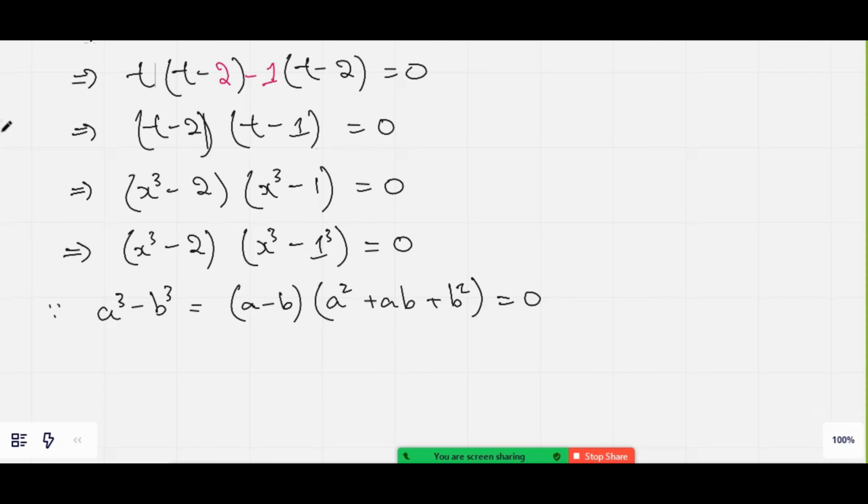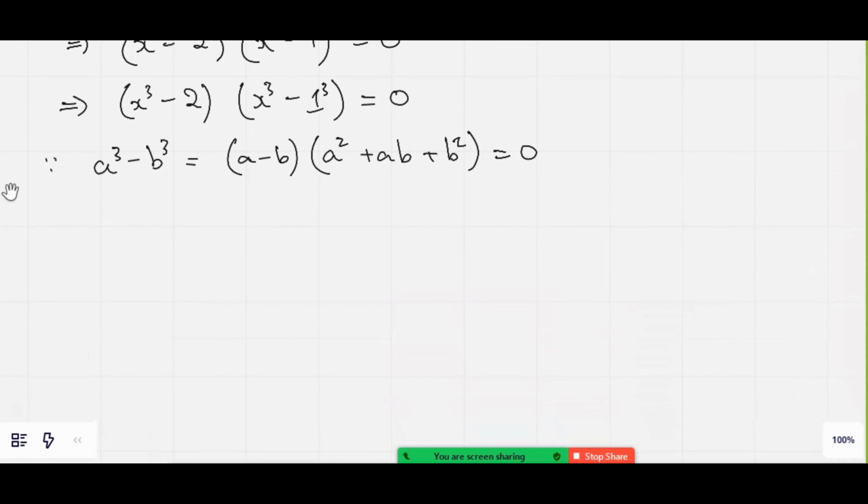Okay, that's it. So finally, x cubed minus 2, and over here x is my a, and 1 is my b, just for understanding. So this is x minus 1, x square plus x plus 1 square, which is 1.